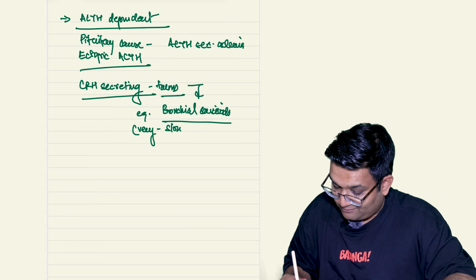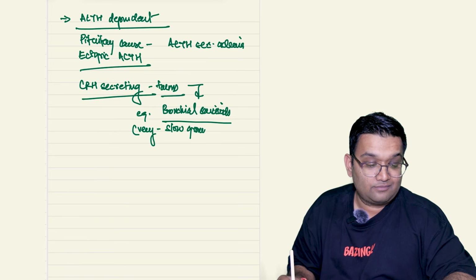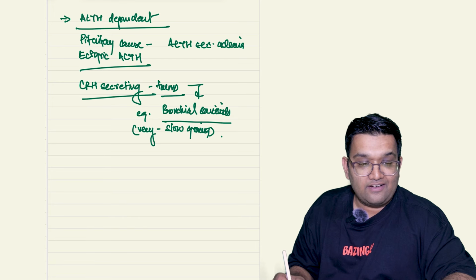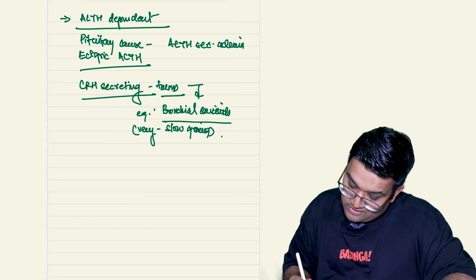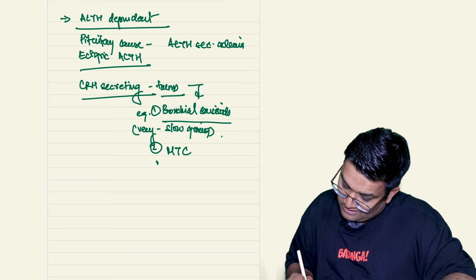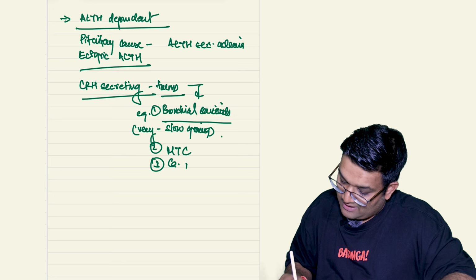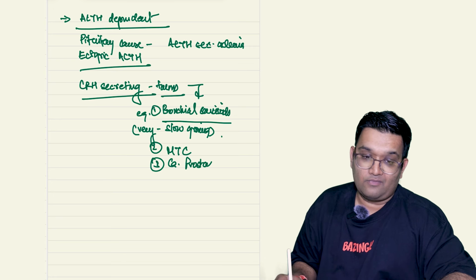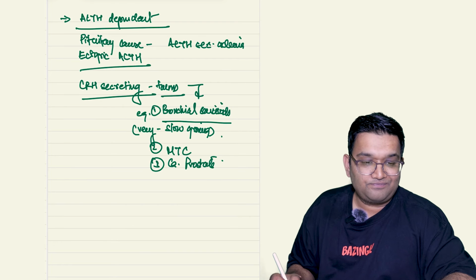They are very slow growing. The other cause is going to be your medullary thyroid carcinoma, and the third is going to be CA prostate. These are the three causes.